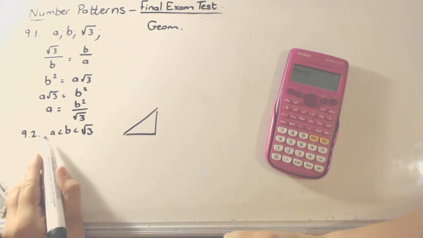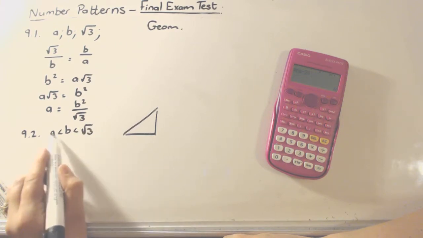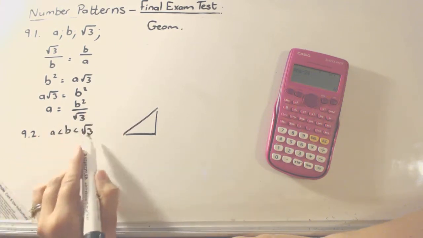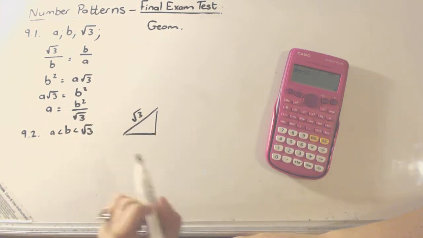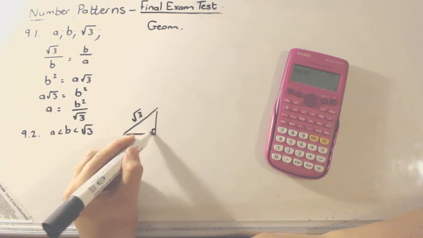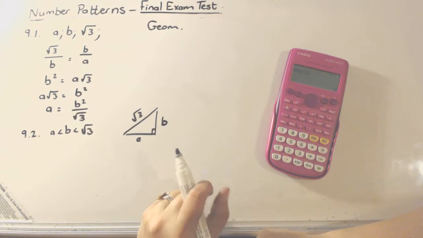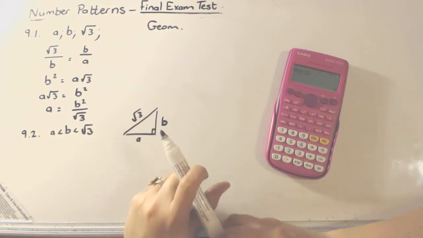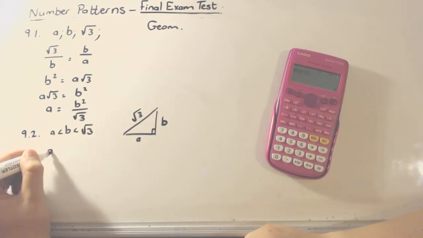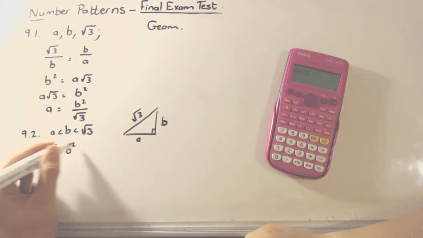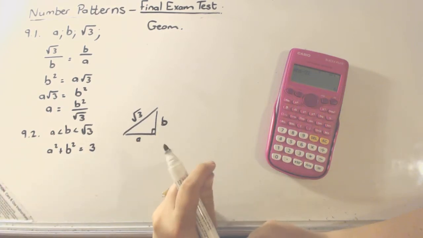Again, now if root 3 is the biggest one between a, b and root 3, that means that it is the hypotenuse, because the hypotenuse is always the biggest one. That's just why they say this, so that you can identify it. And then if I want to determine the relationship, I can say that a squared plus b squared should be equal to root 3 squared, which is 3.